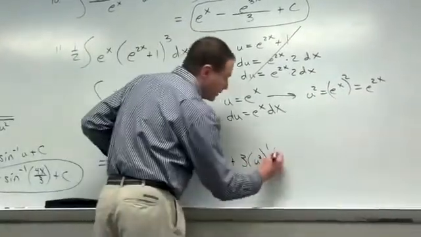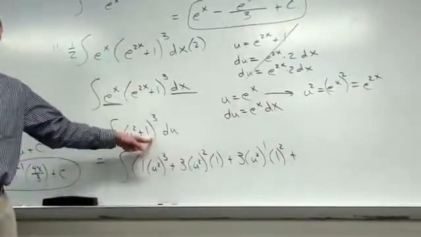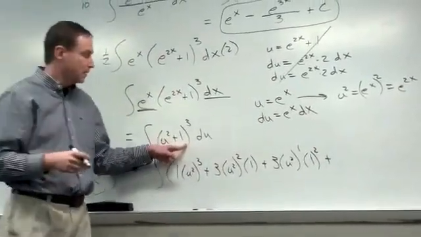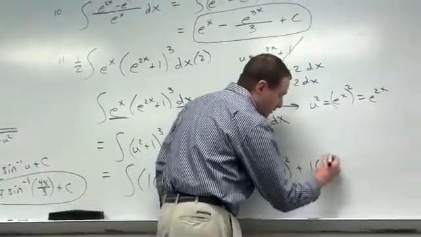Alternatively, if you just wanted to multiply this out 3 times, that works too. Plus 1 times the second number cubed.